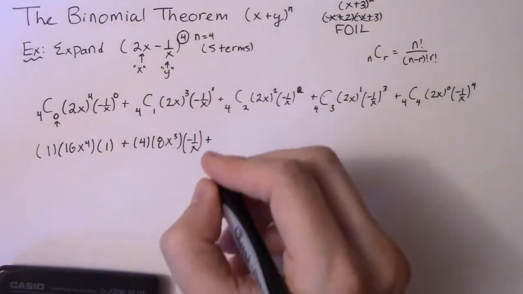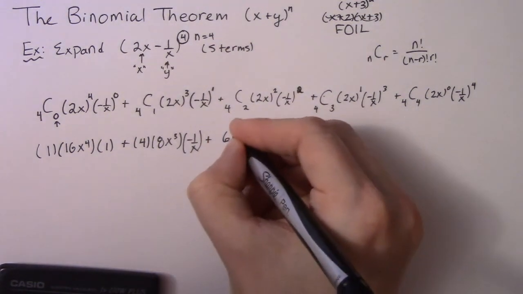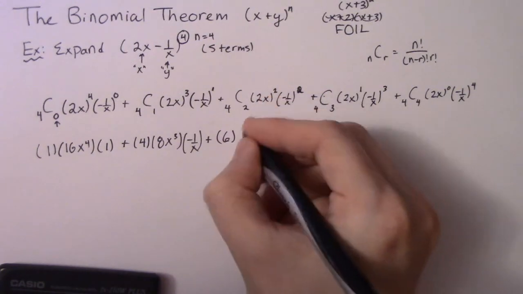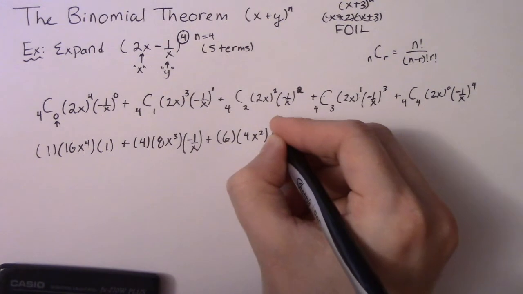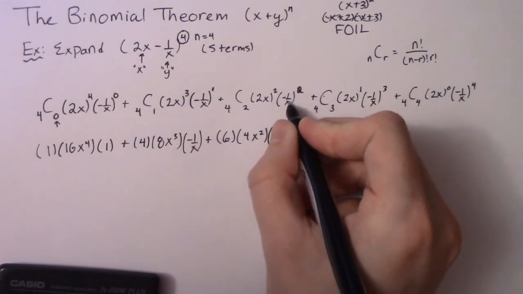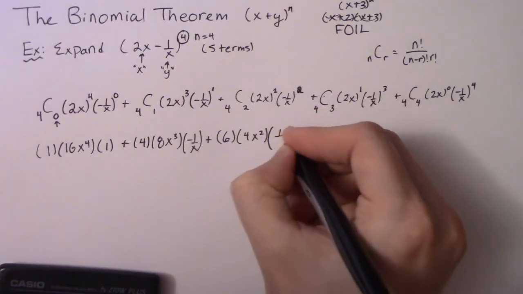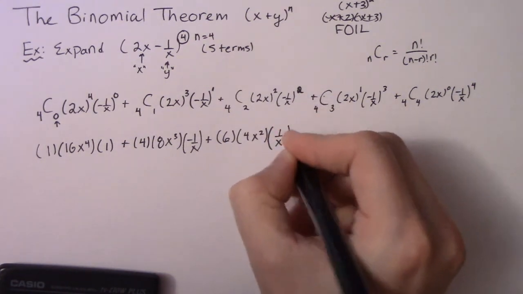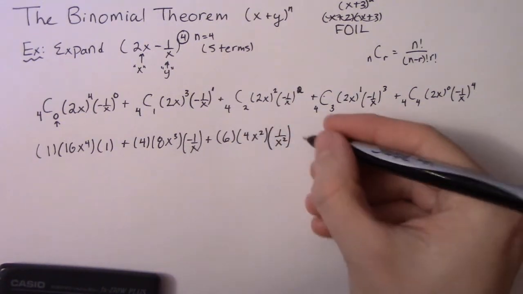plus, then I'll go 4 choose 2, so that's 6. And then I have 2 to the 2, which is 4, x squared. And then I have negative 1 over x to the 2, so that's negative 1 over x times negative 1 over x, which is 1 over x squared. So you can see here, initially, we're going to have some cancellation with some of this stuff.